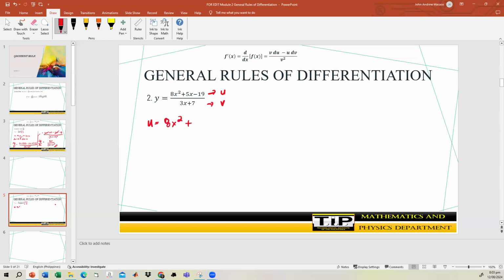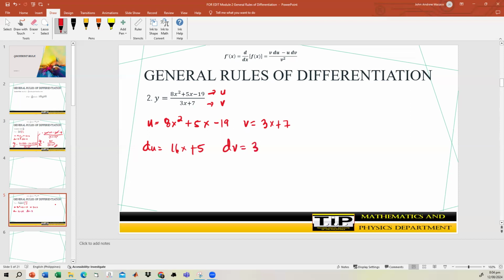Let me copy the numerator that we have: u is 8x squared plus 5x minus 19, while our v is 3x plus 7. It means that our du will become 16x plus 5, while our dv will become equal to 3.